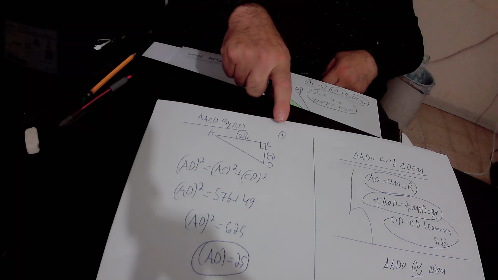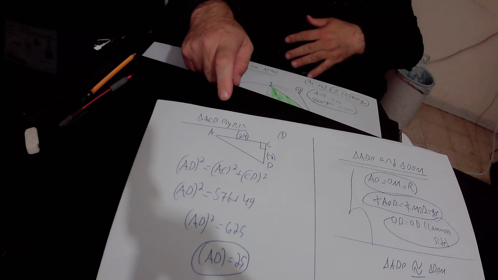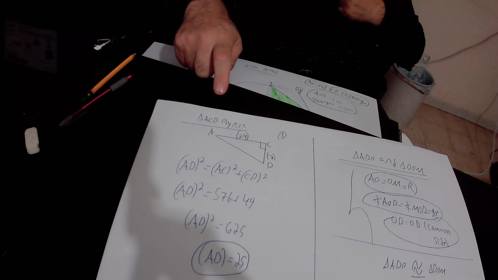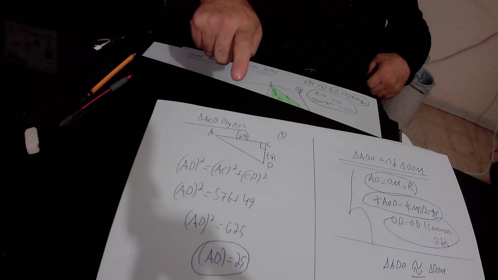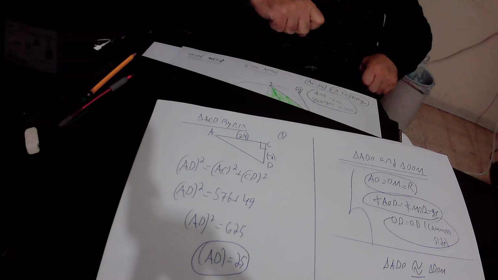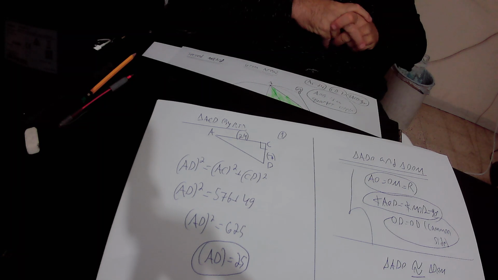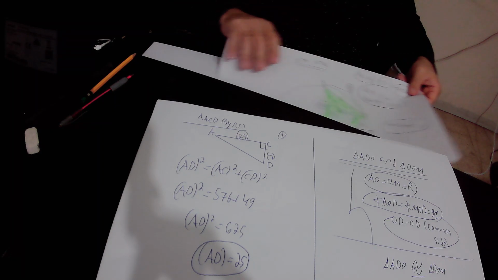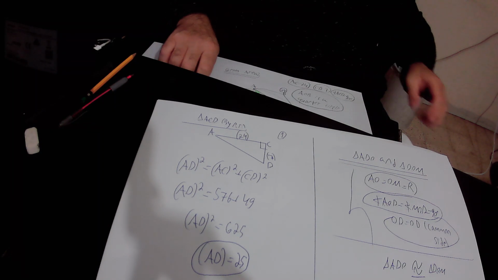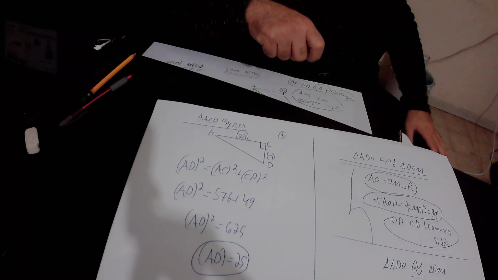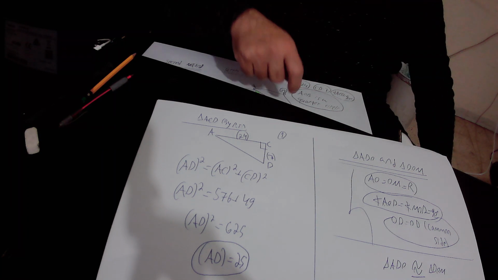AC equals 24, CD equals 7. So according to the Pythagoras theorem, AD square equals AC square plus CD square in the right triangle ACD. AC is 24, therefore AC square is 24 squared, that is 576, plus CD square. CD is 7, therefore CD square is 7 squared, that is 49.